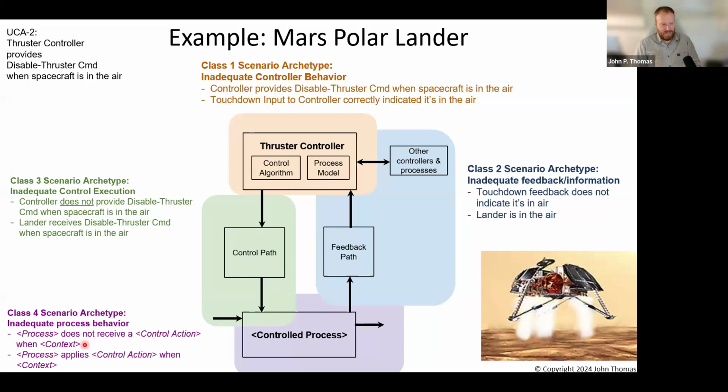But wait, the process, which is the vehicle itself and the thrusters, applies the disable thruster command when it's in the air. So essentially it cuts out thrusters when it's in the air. It's the same hazard, same effect as the UCA, but it was not a thruster controller doing anything wrong. It was something down here.